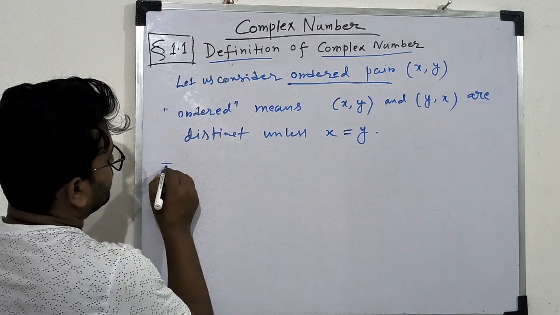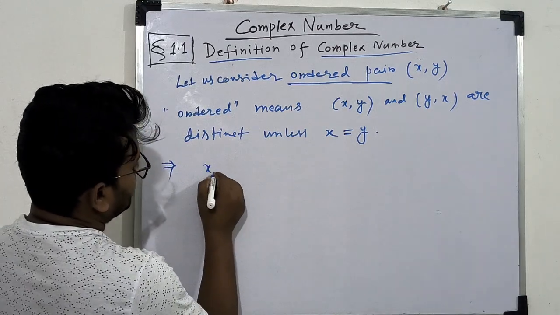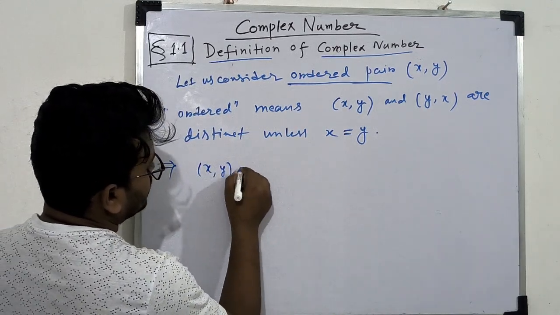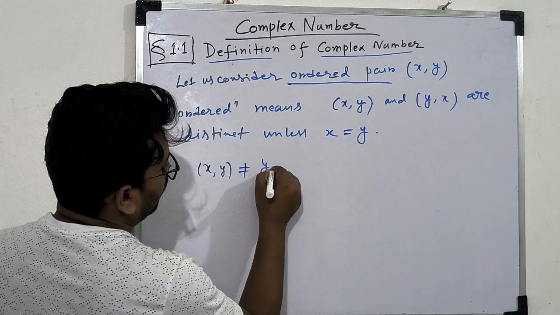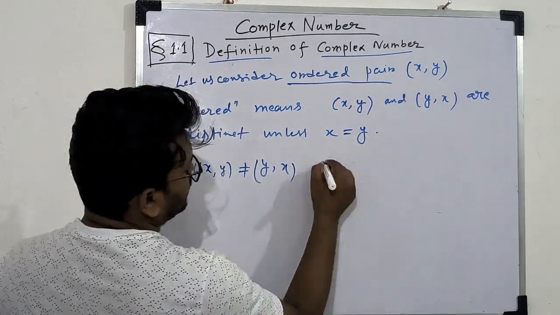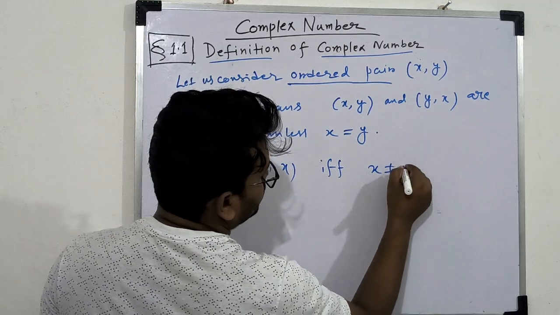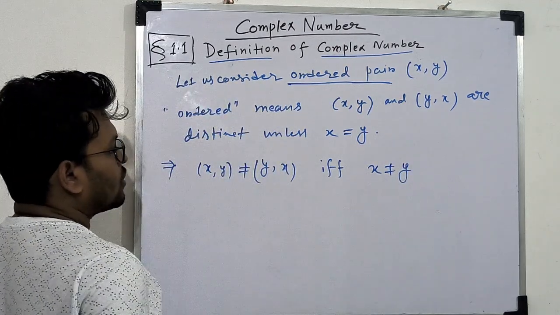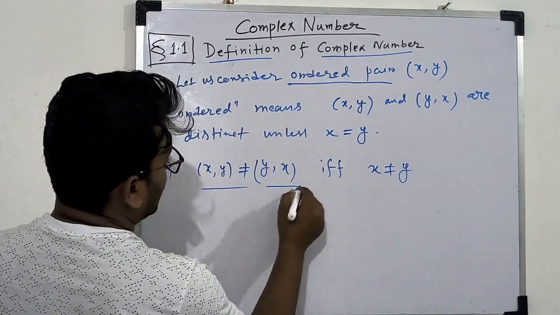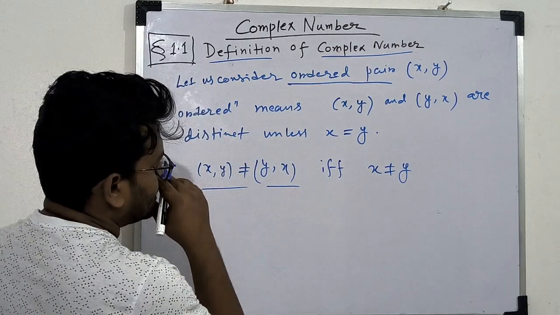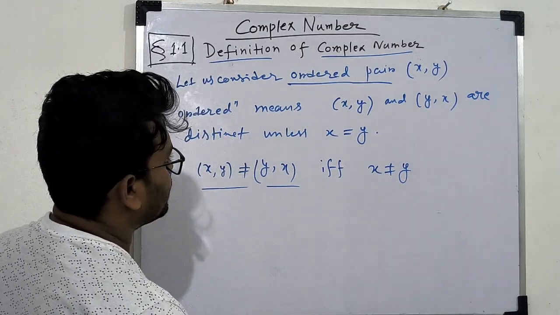So this implies that (x, y) is not equal to (y, x) if and only if x is not equal to y. So whenever x is not equal to y, then these two are different. Then we say this is an ordered pair.